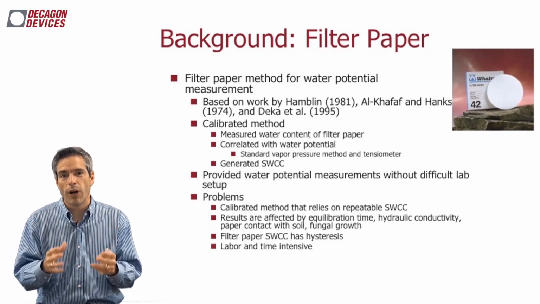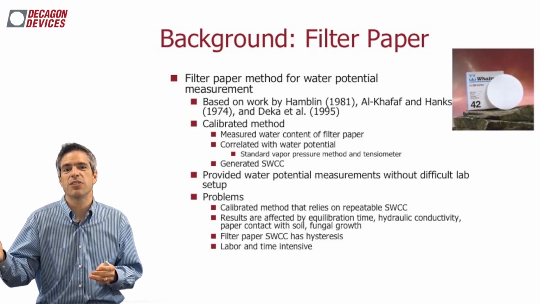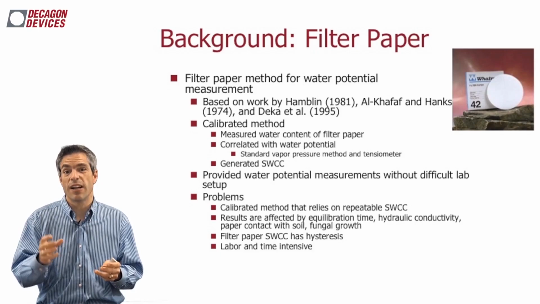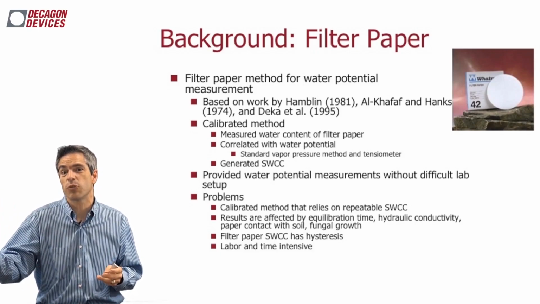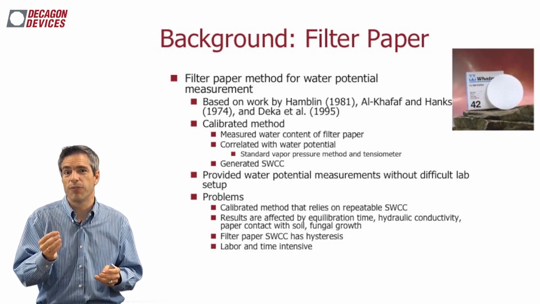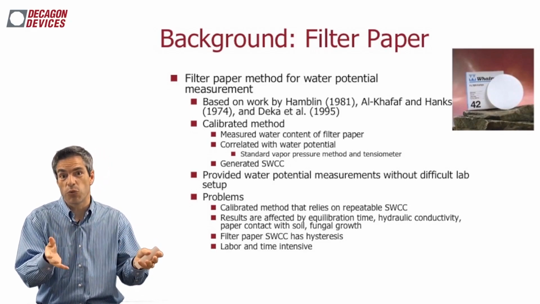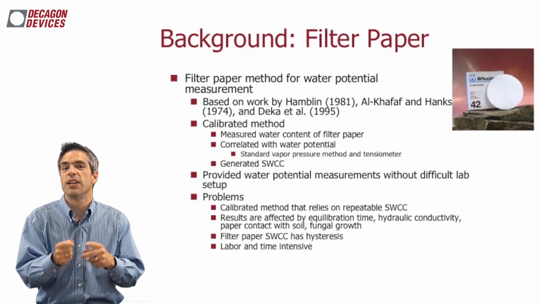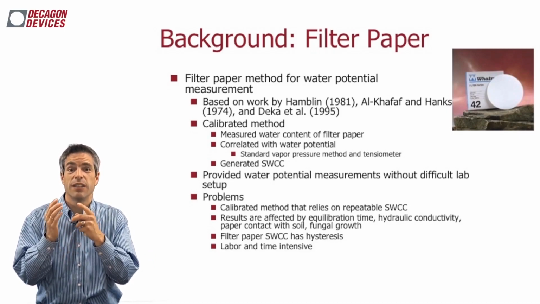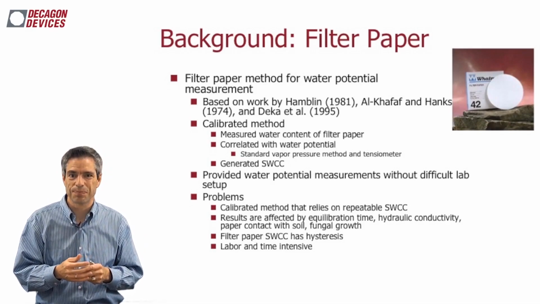I want to do this once with something I know about and create the SWCC of the filter paper. Okay? Then I can put filter paper in contact with my soil, allow the filter paper to equilibrate, then weigh, dry weigh, or get the water content of the filter paper, and then use the soil water characteristic curve to relate the water content that I measured on the filter paper to the water potential.